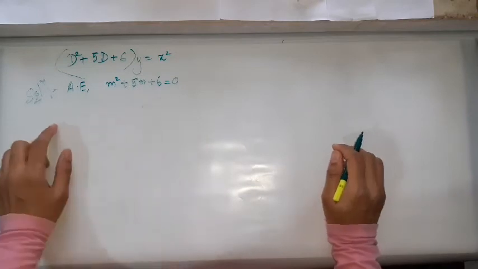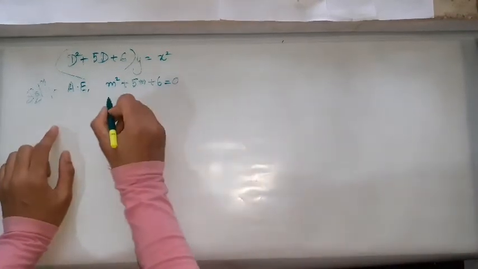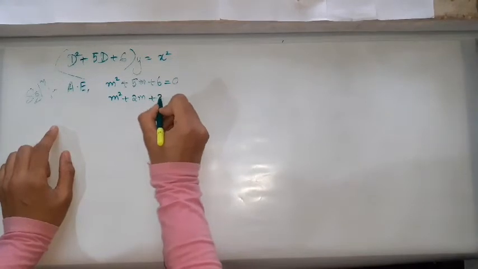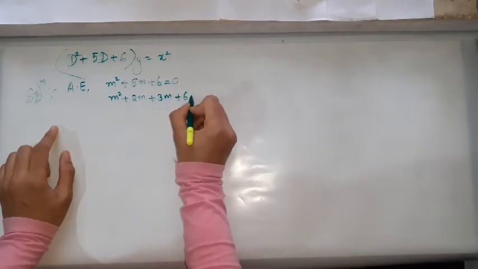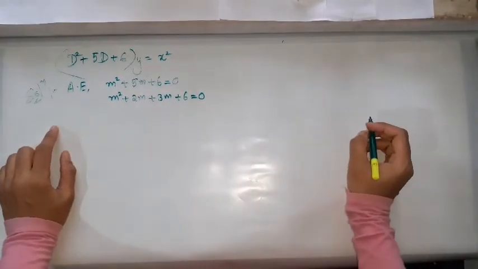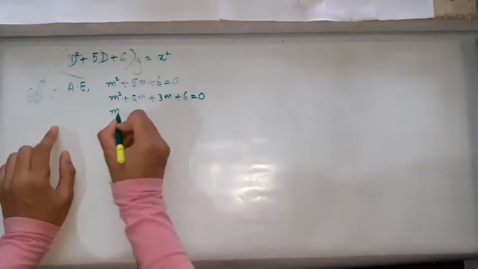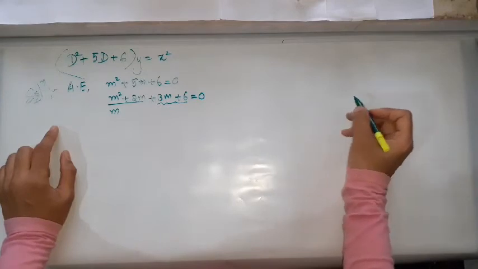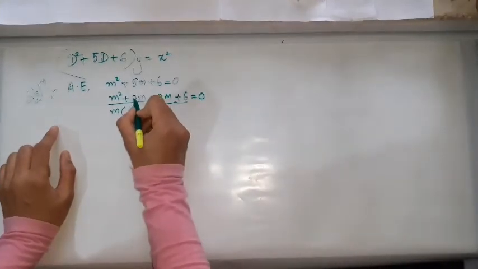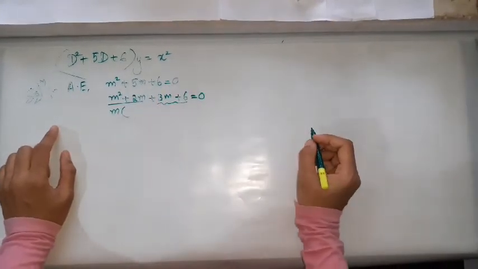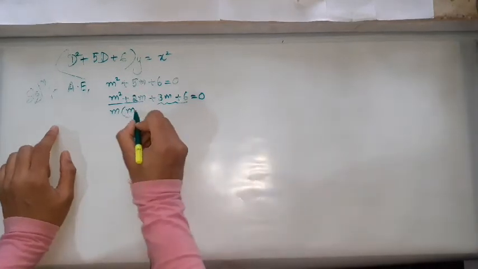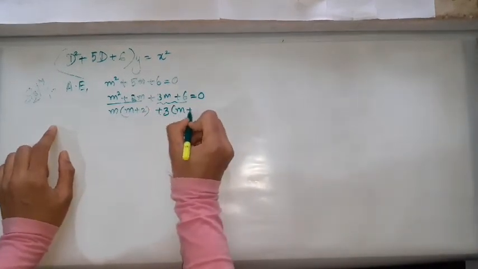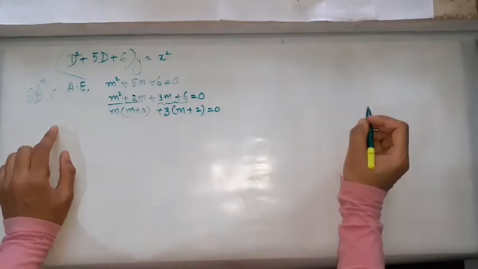Okay, let's work for the roots of this equation. You can write this as m square plus 2m plus 3m plus 6 is equal to 0. You can take m common from these two terms, and from these two terms you can take 3 common. So if you take m common, you will get m plus 2. Take 3 common, m plus 2 here is equal to 0.